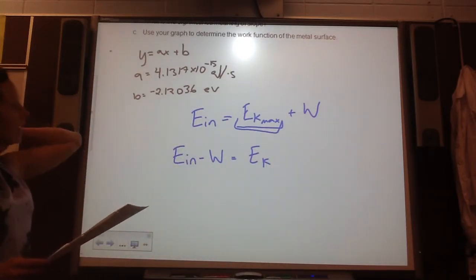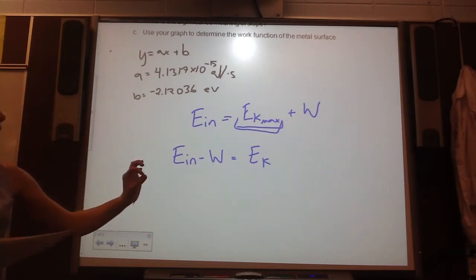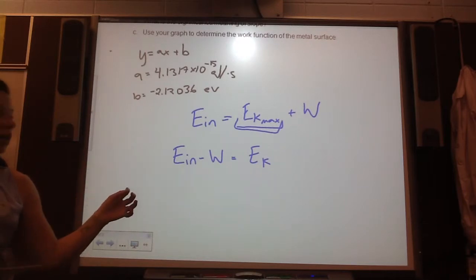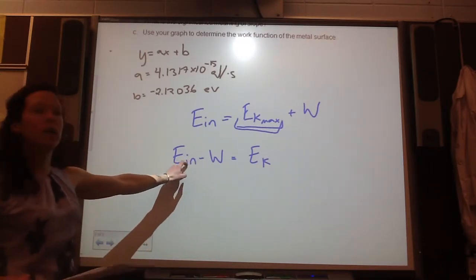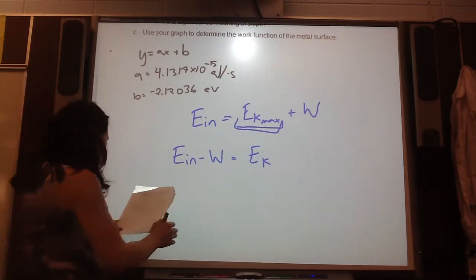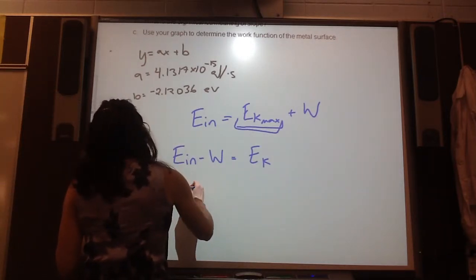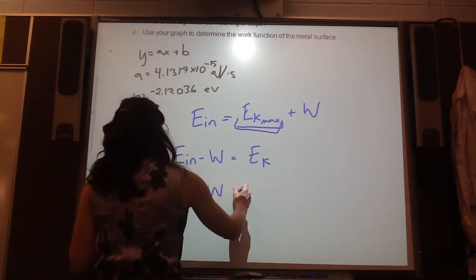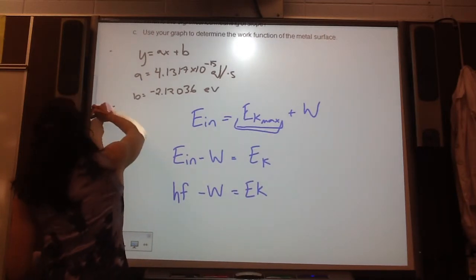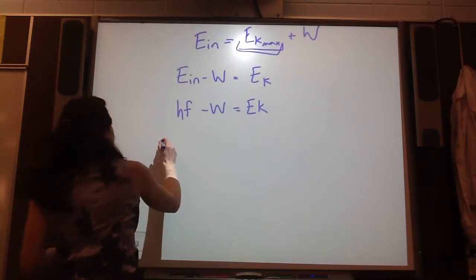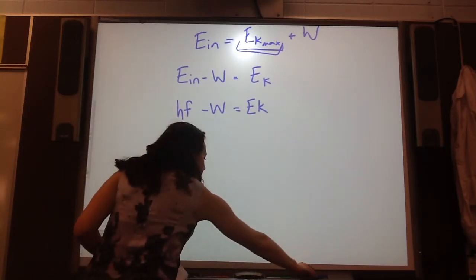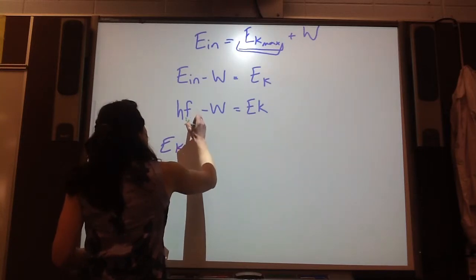Now my manipulated variable is the frequency of the incoming light, so I need this to include frequency. So E incident is h times f, and hf minus W is equal to EK. Let's write it the other way for consistency. Now f is our x value.